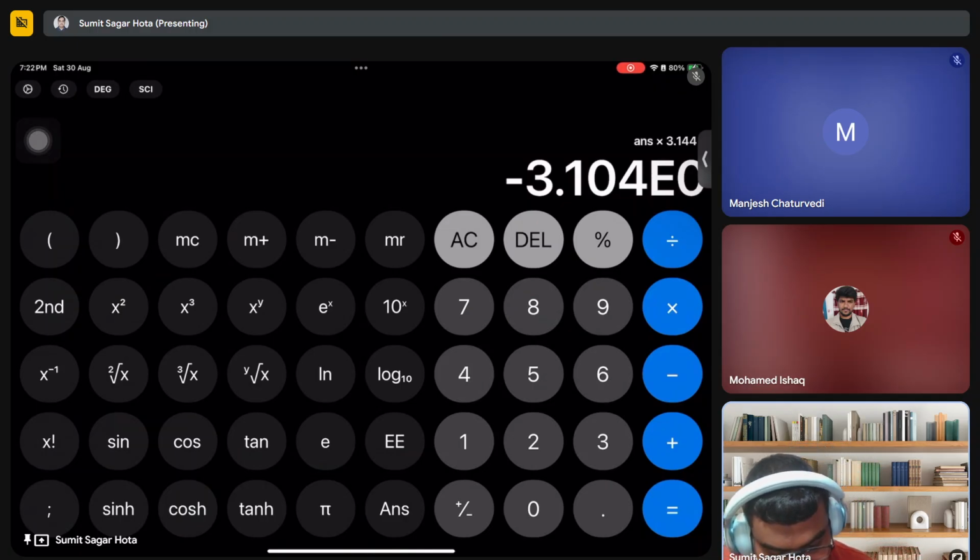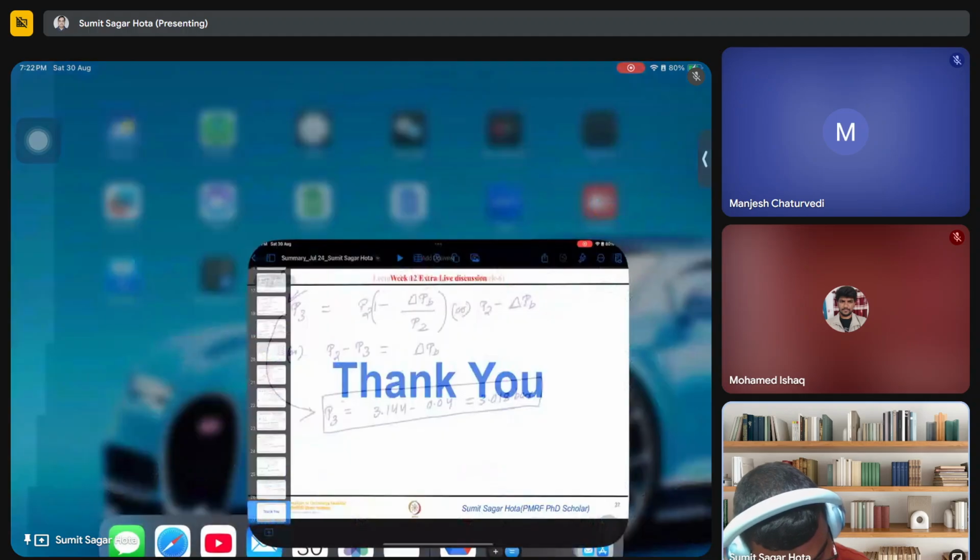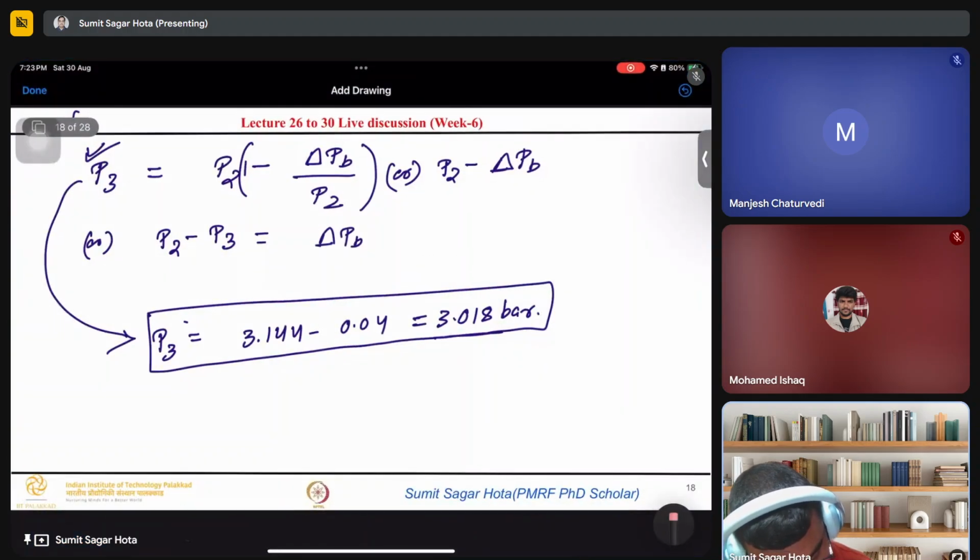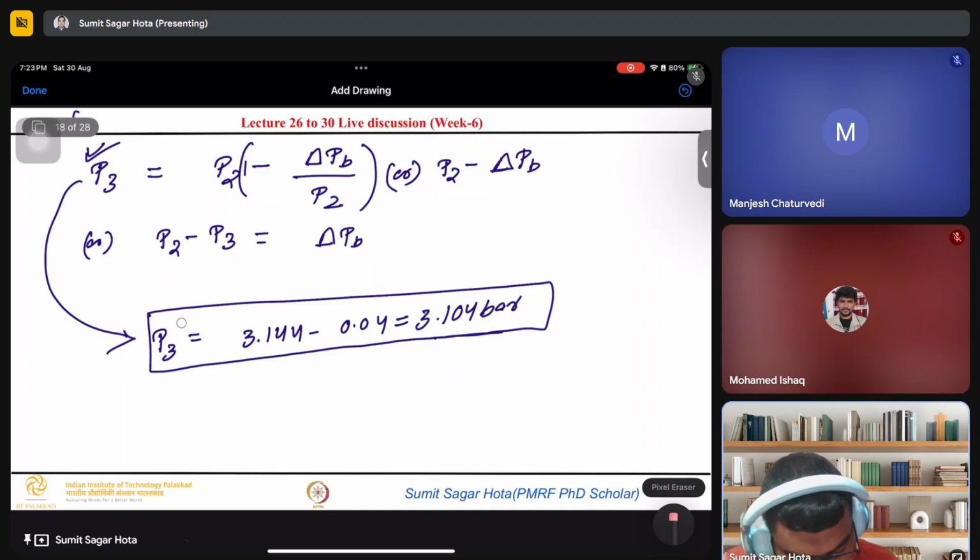So this is the answer, 3.104 bar. So now we have P3.